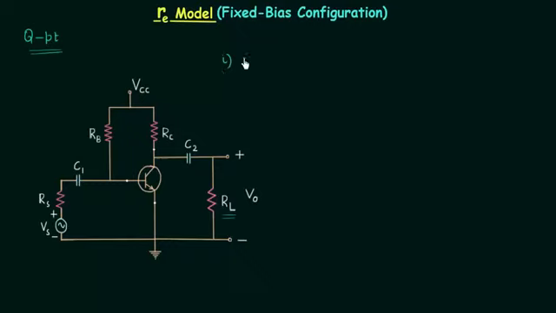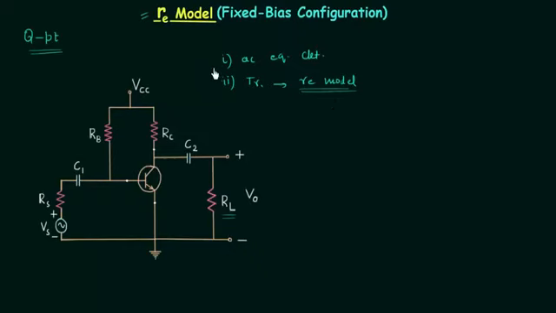The first thing is to find out AC equivalent circuit, and the second thing is to replace the transistor, this transistor symbol, with its equivalent model, and we are discussing RE model, so we will replace the transistor with the RE model. And as we are having the common emitter configuration, we will have the common emitter RE model, which we have discussed in the last two lectures.